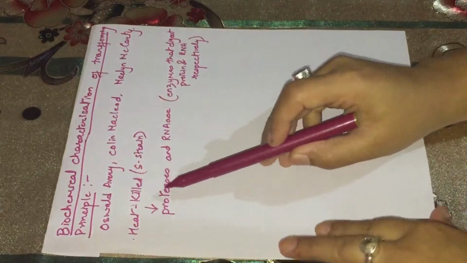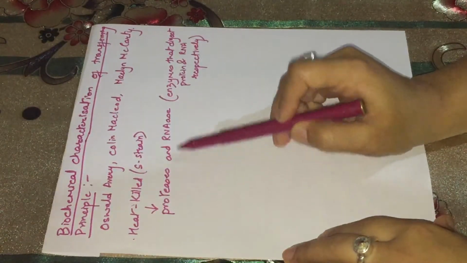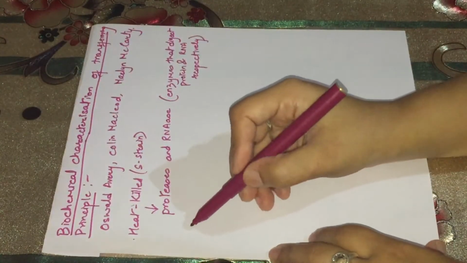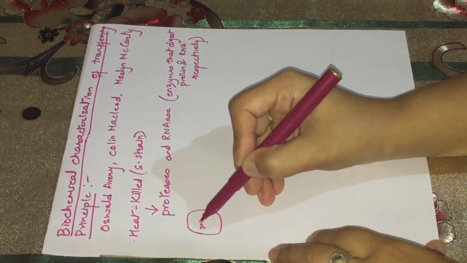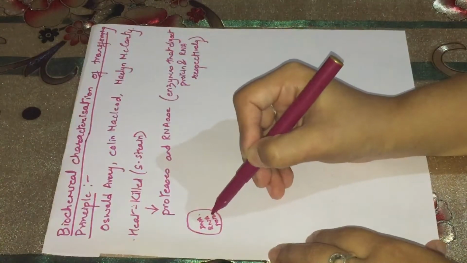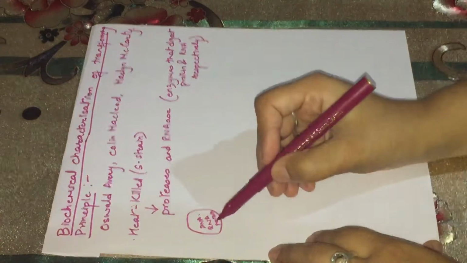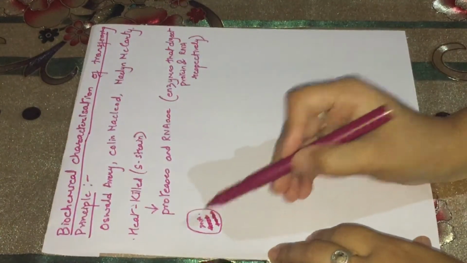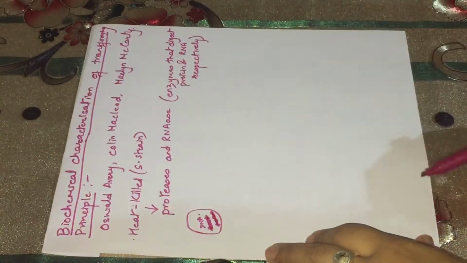So at first they subjected this heat killed S strain bacteria to proteases and RNases. When they are subjected to proteases and RNases, RNA and protein will be digested, and only DNA will be left.